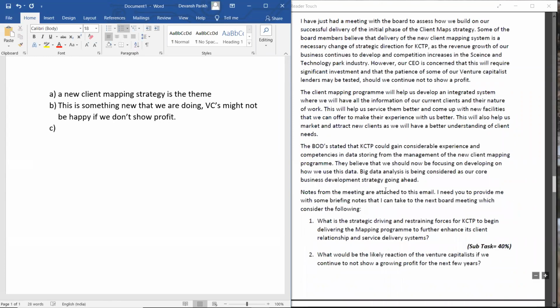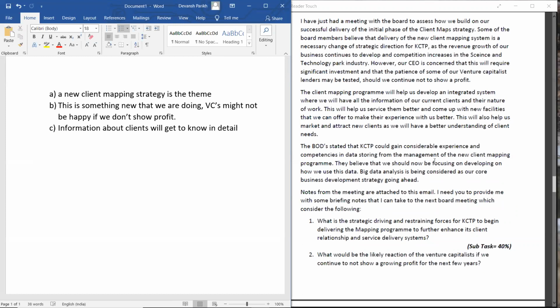I'm going on. Client mapping program will help us develop an integrated system where we will have all the information of our current clients and the nature of work. So again, one more theme: information about clients, we will get to know in detail. Let me move on.